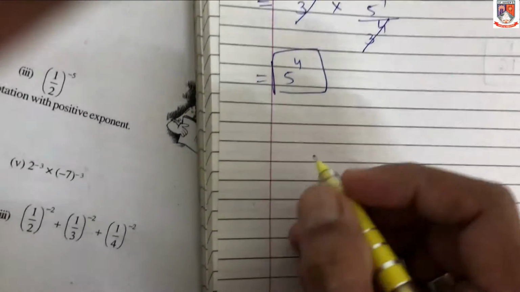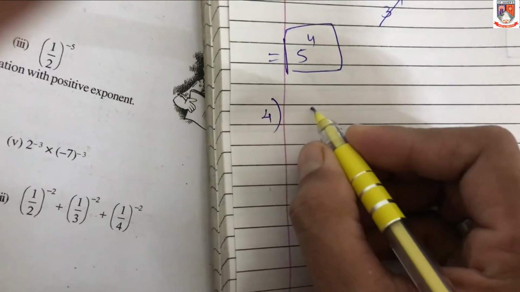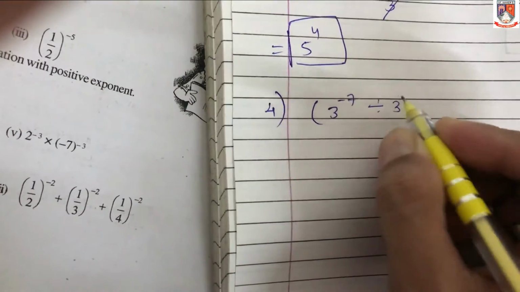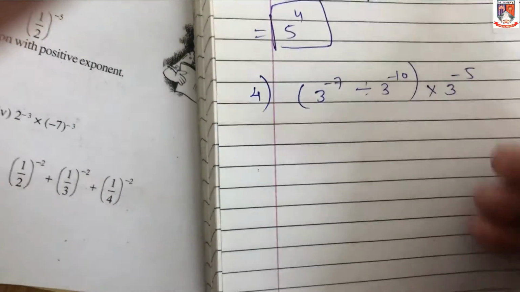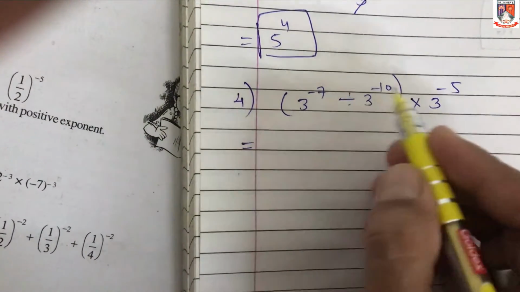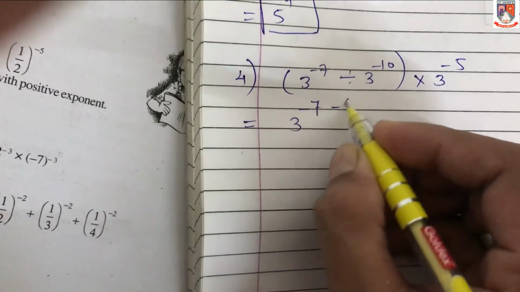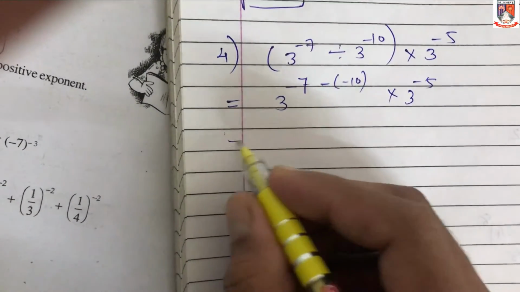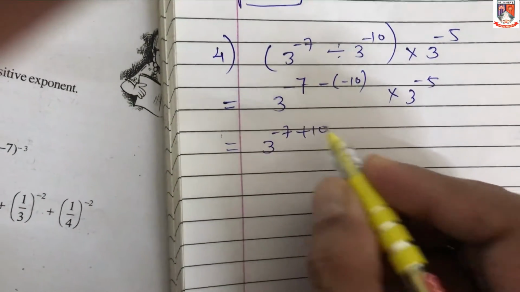Now question number 4. 3 raised to minus 7 divided by 3 raised to minus 10 multiply 3 raised to minus 5. Division, then subtraction in the power: minus 7 minus minus 10, multiply 3 raised to minus 5. Minus 7 minus minus becomes plus 10.